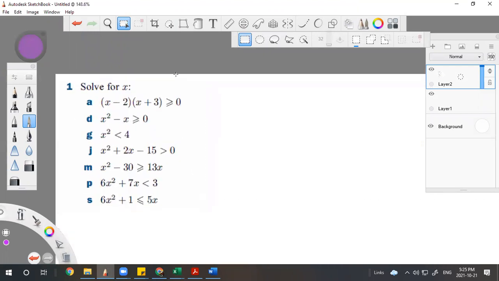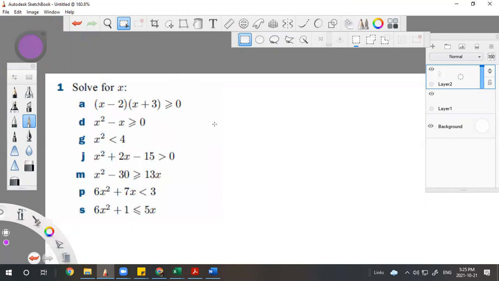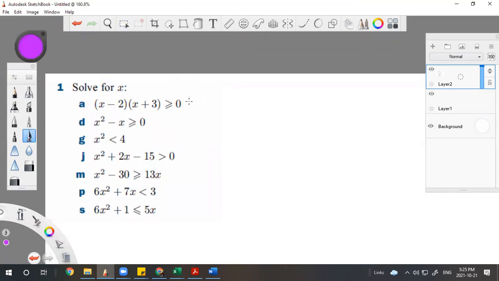Okay, let's try to do A. For question A, it's very simple. How to do it? Find the 0. What is the 0 maker? 2 and negative 3, right? So it is negative 3 and 2, and you have to fill the circle. Why? Because it has an equal sign.